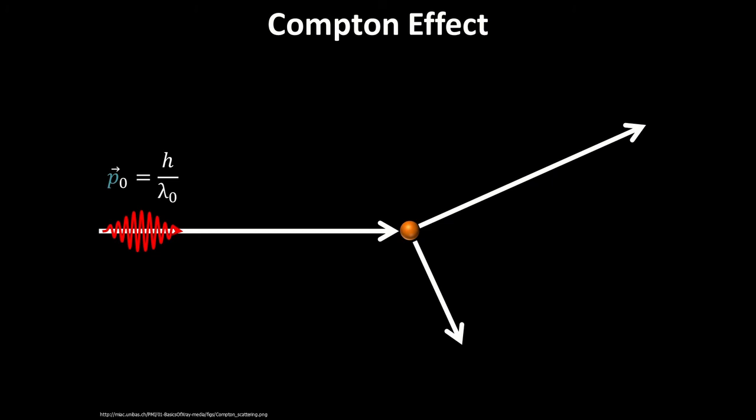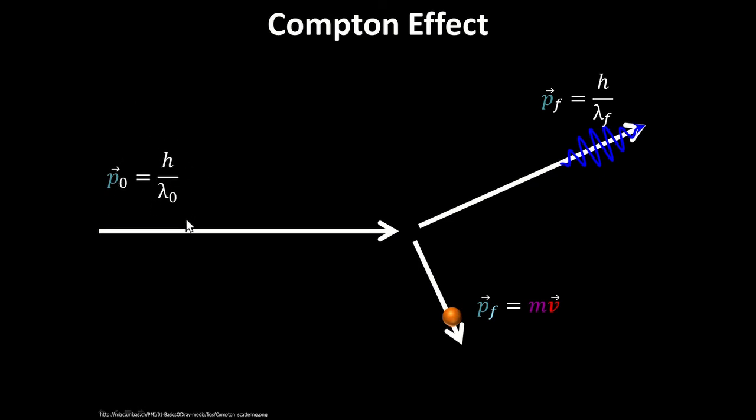So if this photon comes in and collides with an electron, that photon of light, which has no mass, can actually knock that electron off. And so it's going to go boom like this. Okay? Now, the momentum of that photon is calculated with Planck's constant divided by its wavelength.